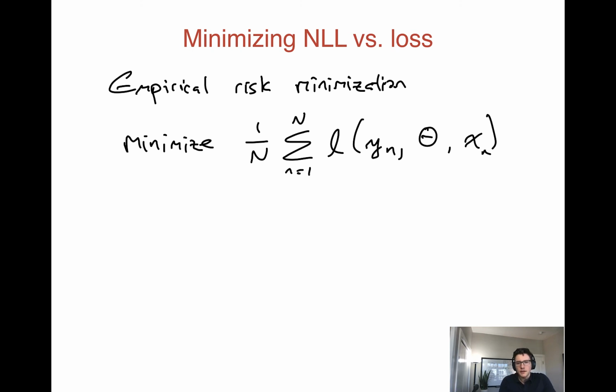So a common thing to do is if our model takes x and theta, produces a prediction, our loss might be the squared error between Yn and that prediction. Another common thing would be if our machine learning method just outputs a prediction of either 1 or 0, cat or not cat.